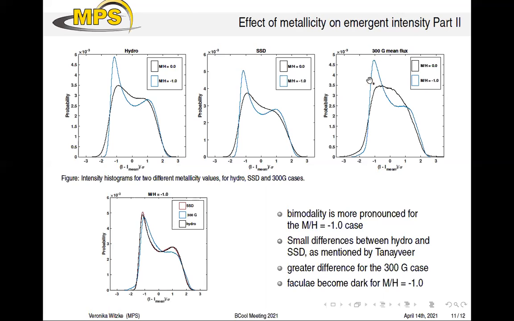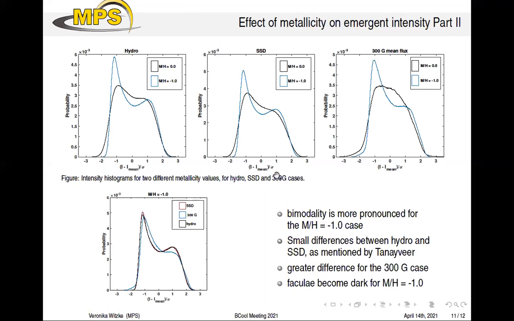And we have a much larger difference when we go to the case of a more active star with a mean magnetic flux of 300 Gauss. And we also see that our network is not as bright for the low metallicity case.